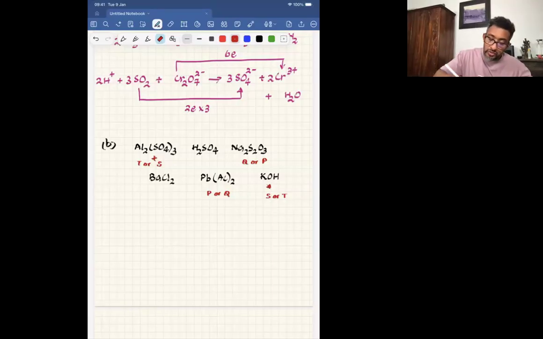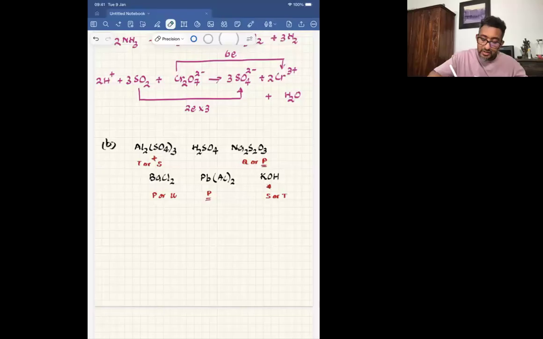So this can be P or U. Now the common one to this one is P. If you look at this one, P cannot be sodium thiosulfate. If P is giving a precipitate that dissolves, so P should be this. So I will erase this one. This is definitely P. This is definitely U. If this is P, this cannot be P. This should be Q.